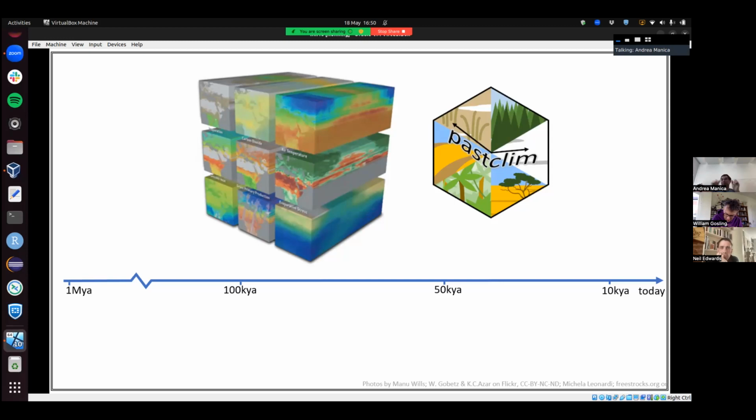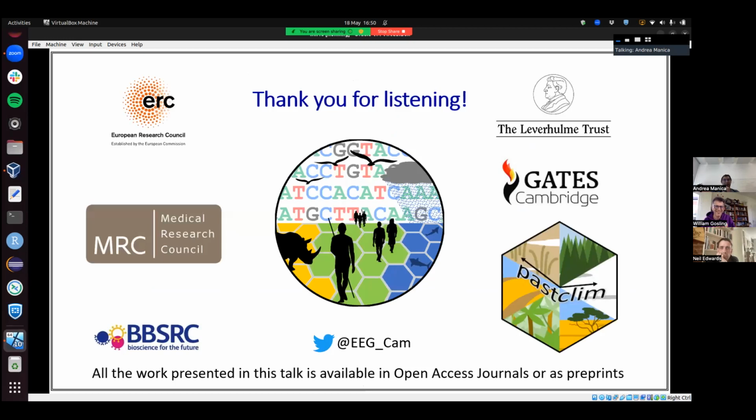We've used ours, others have used pastclim, but this creates a nice infrastructure that allows you to test these ideas against multiple models and see what is robust to the vagaries of each of the individual models.